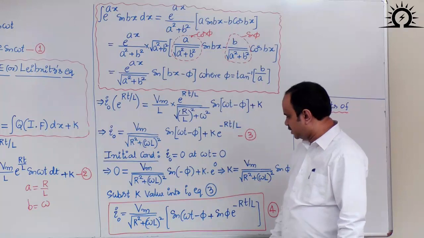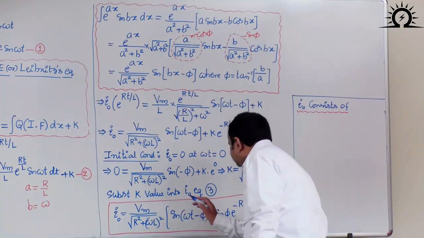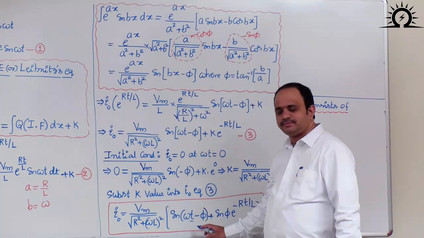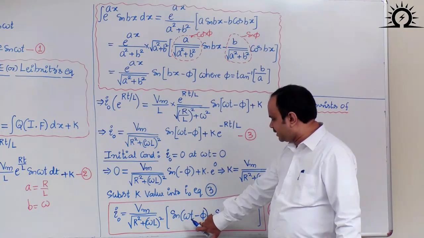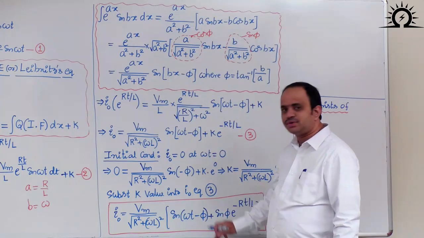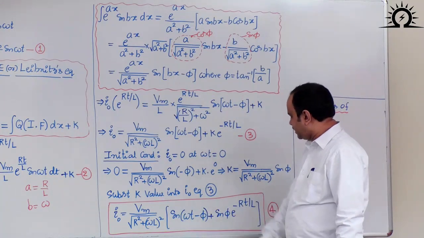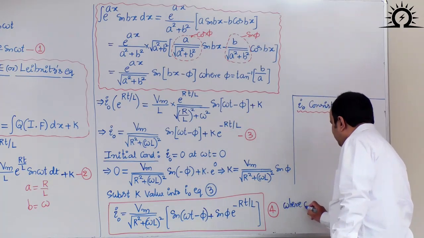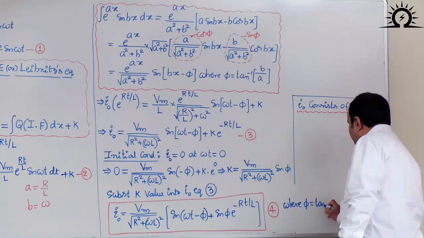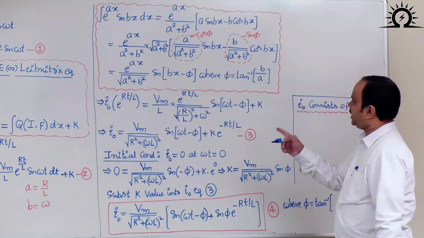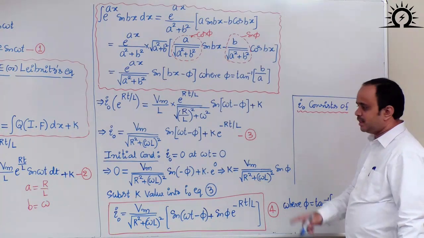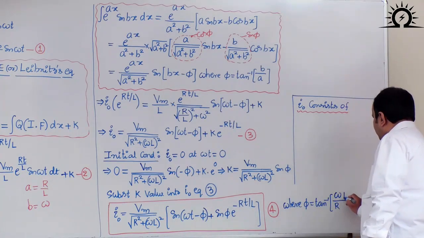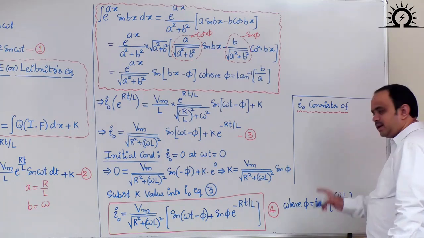Now what is the variable here? Sin of omega t minus phi. Even phi is a constant. Why? What is phi here? Phi is equal to tan inverse b by a, where b is equal to omega and a is equal to r by L. Therefore, tan inverse omega L by r.